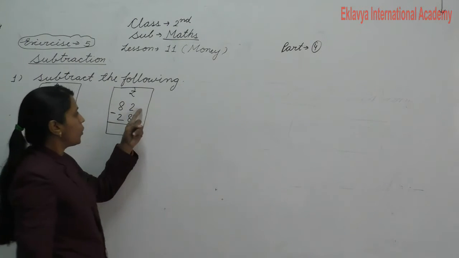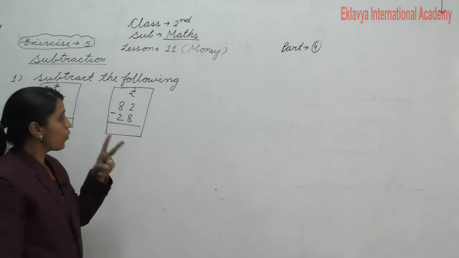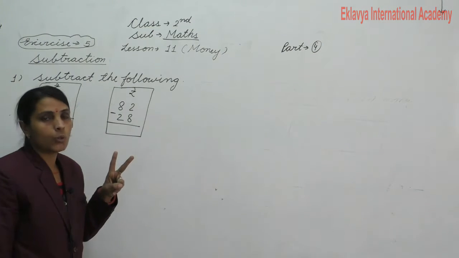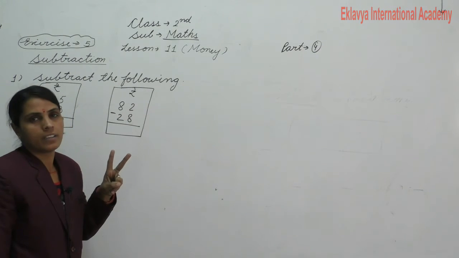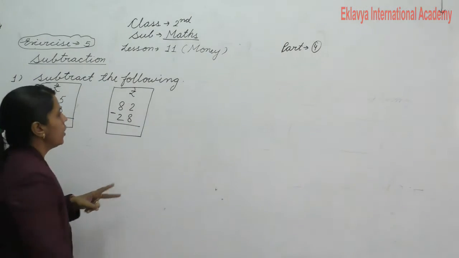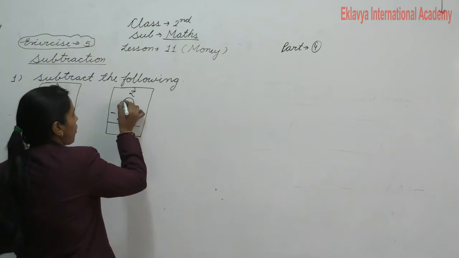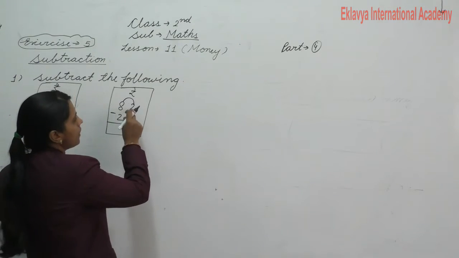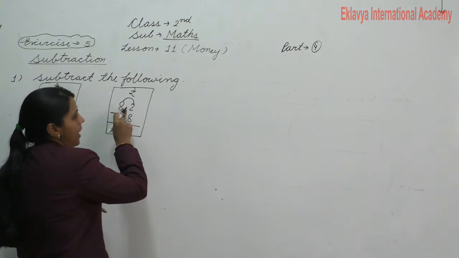Listen, you have 2 rupees and you want to spend 8 rupees. Can you spend? No, you can't spend. So in this situation, we will take 1 rupee from your neighbor.